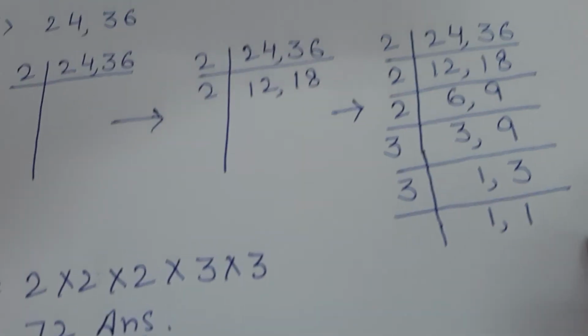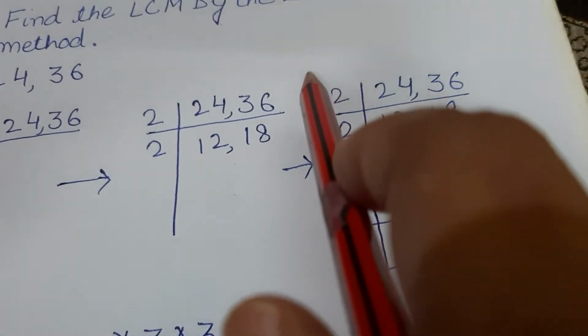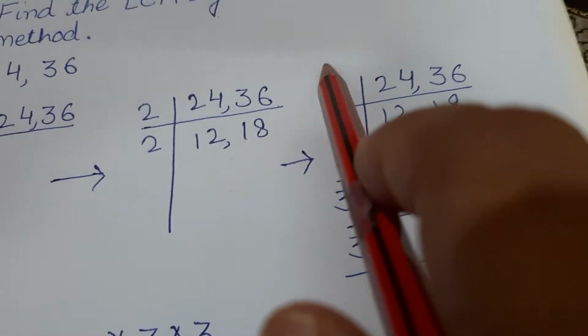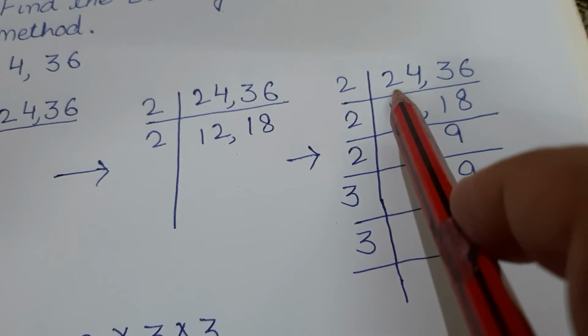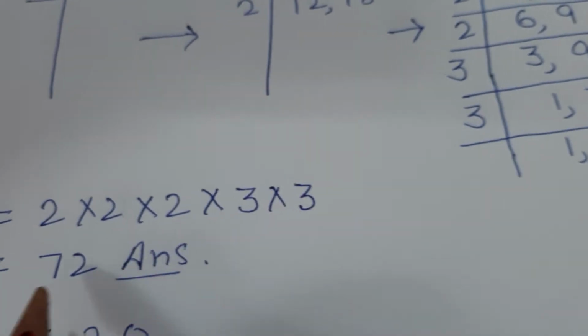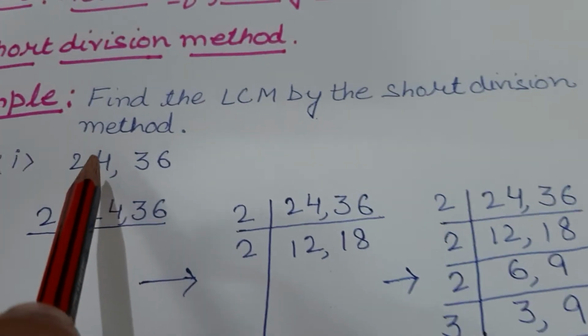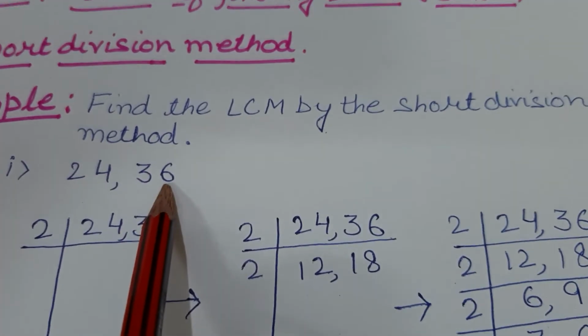Now what will be the LCM? The LCM will be the product of all these common factors, common of 24 and 36. So we will multiply all these prime factors. The answer is 72. It means 72 is the least common multiple of 24 and 36.